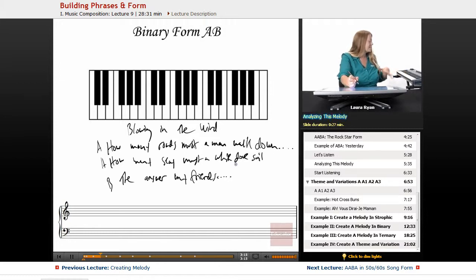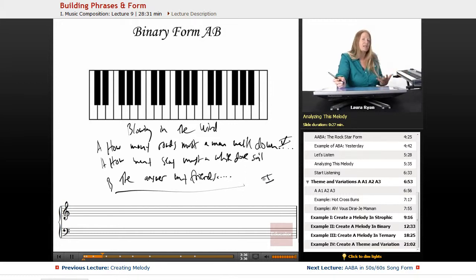So that's the beginning verses. Starts on 5. And the chorus, the B part, goes down to 1.